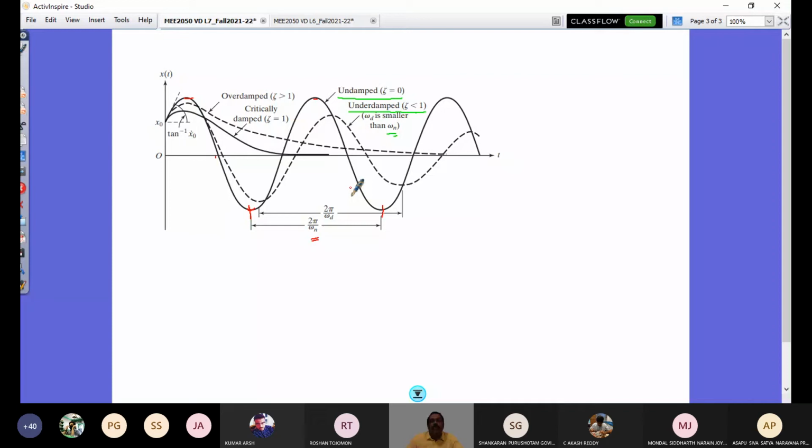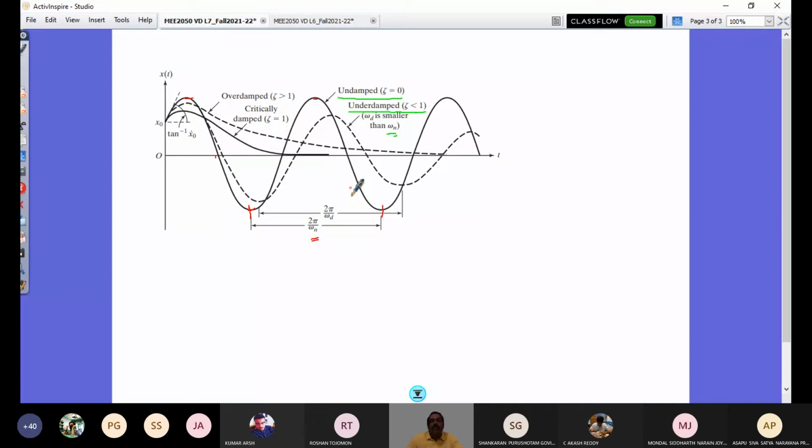So this is t1 and this is t2. I just substitute x1 of t at t equal to t1 and x2 of t at t equal to t2.